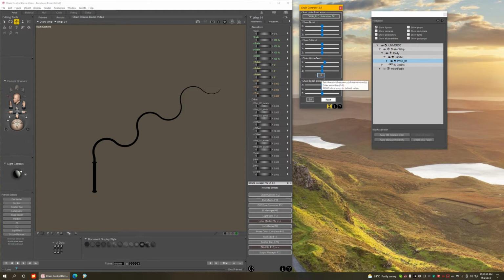The default is 6, and if you look at the tooltip, you can go up to 9 and a minimum of 1. It's easier to explain the frequency by the number of times the curve changes direction across the length of the whip.